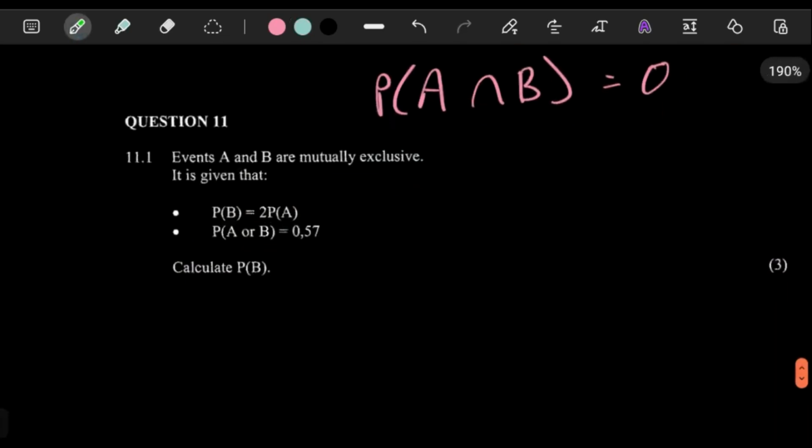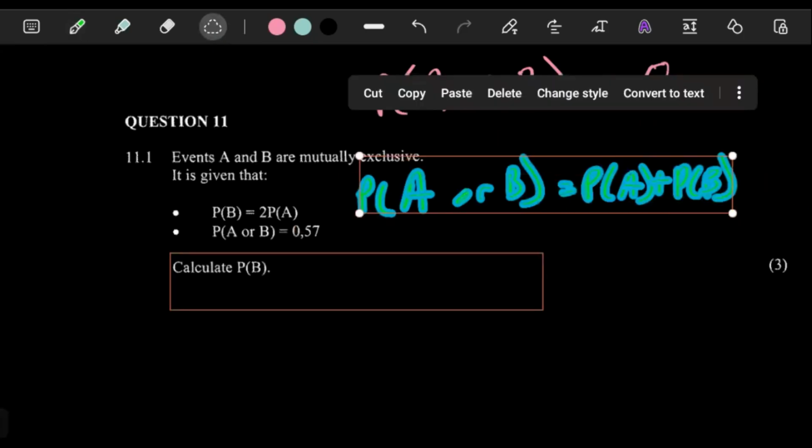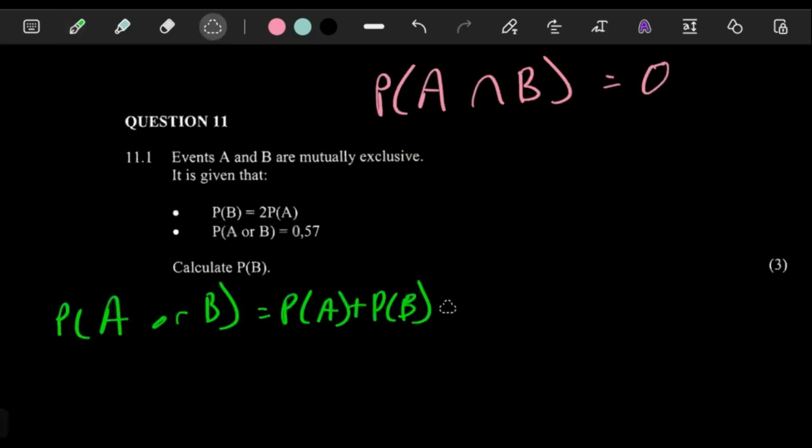The addition rule of probability says the probability of A or B is equal to the probability of A plus the probability of B minus the probability of A and B. Let me write that down here.